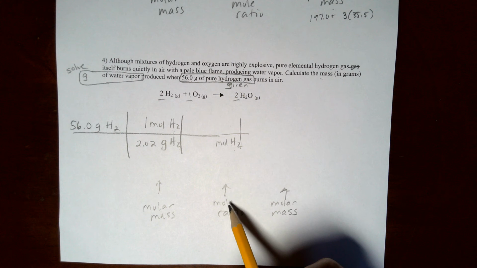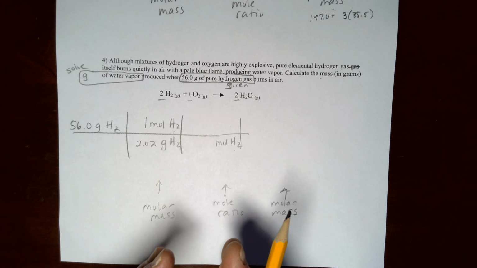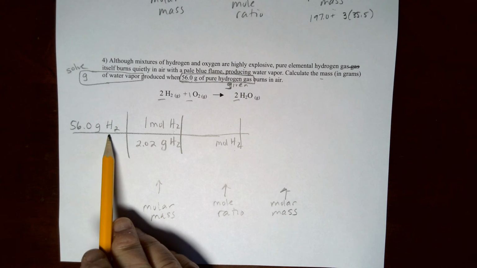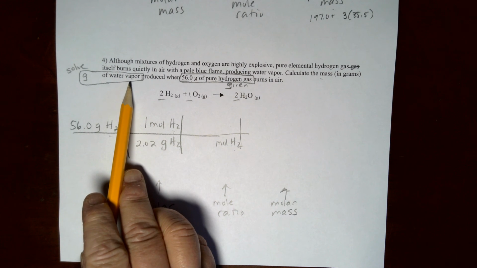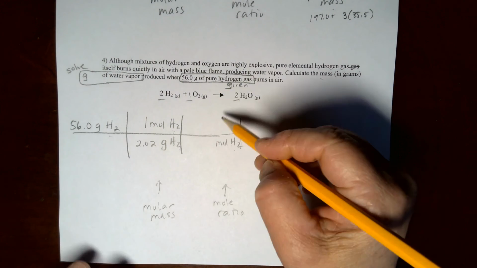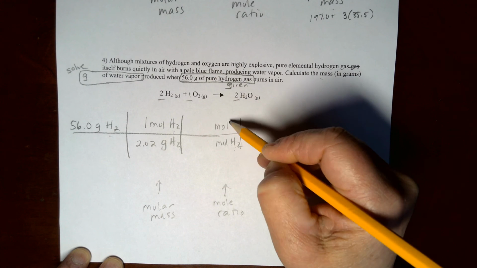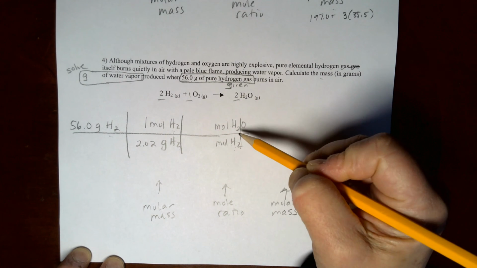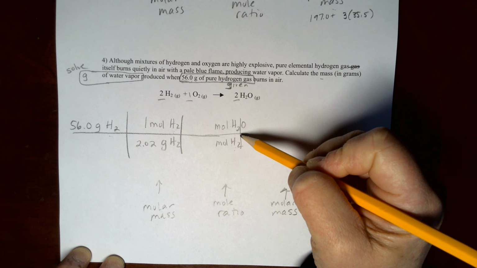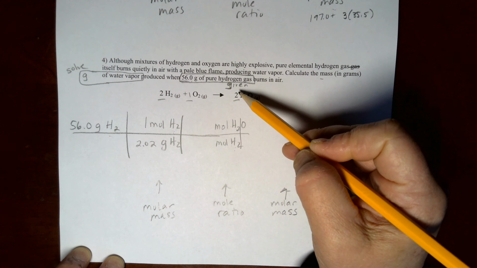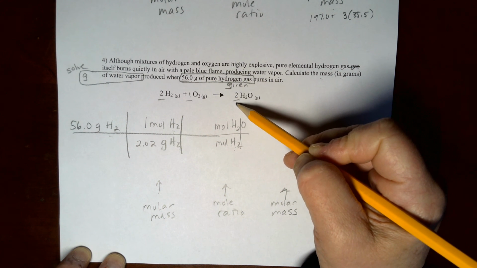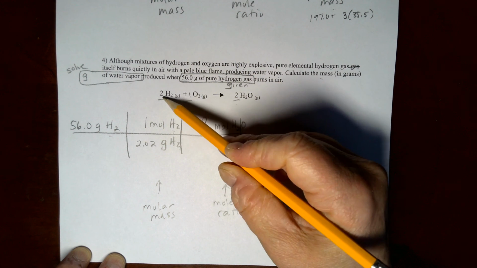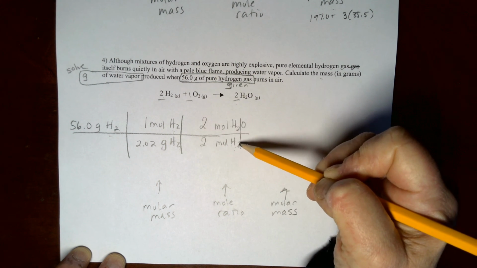But your mole ratio, this fraction is where you are converting from moles of the original substance, and you're converting it into moles of the substance you're trying to find. So that's water vapor. So moles of H2 on the bottom, moles of water on the top. The coefficients, find where they are in the balanced equation. It's 2 moles of water, and it's 2 moles of hydrogen. So there we go.